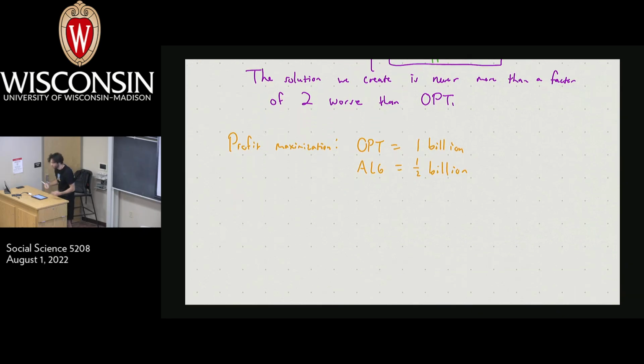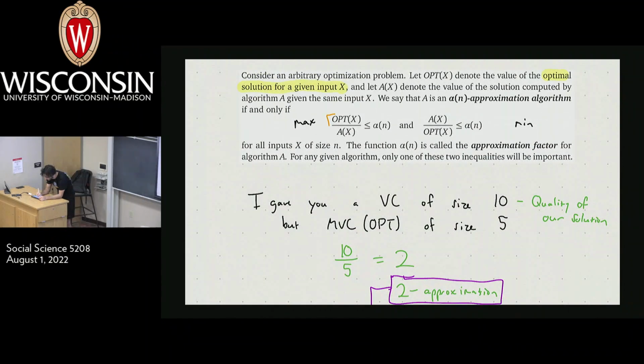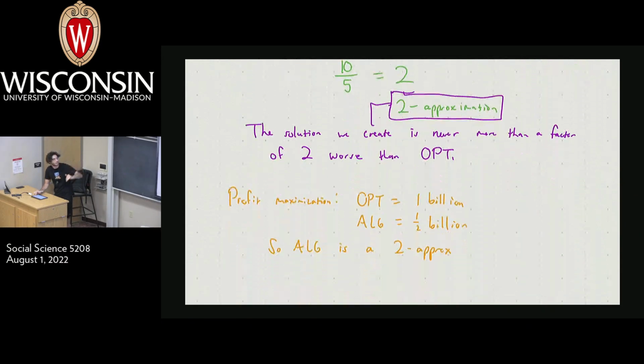Then on one hand, I would say this is a really good algorithm. It's a 2 approximation. So ALG is a 2 approximation, right? Because we get half of the best we could have done. We're looking at a maximization problem here. So remember, for maximization problems, we're looking at how big the optimal was and dividing by how big we did was.